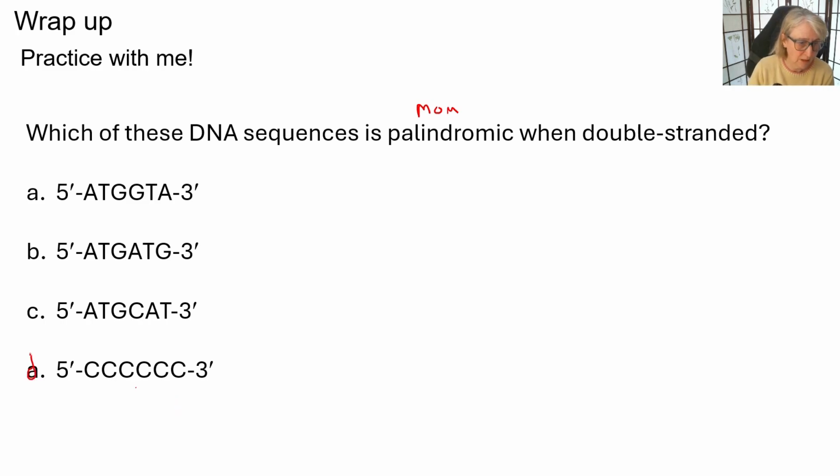This would also be D. I don't know why it's called A there. You're probably like CCC and then CCC. But it's the other strand it has to be palindromic with. This is CCCC and this is GGGG. That is not a palindrome. So it has to be in the double strand.